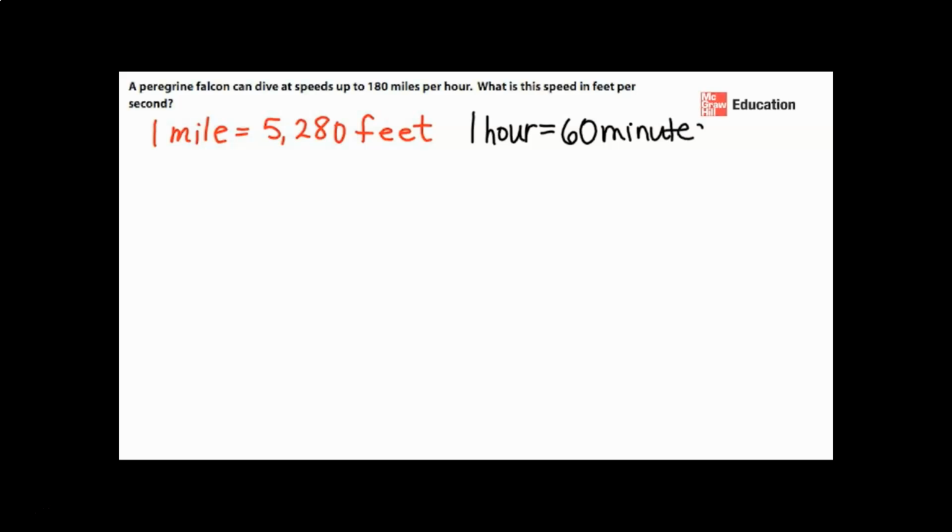Keep in mind there are several facts or unit conversion rates we need to know, including 1 mile is equal to 5,280 feet. 1 hour is equal to 60 minutes. And 1 minute is equal to 60 seconds.